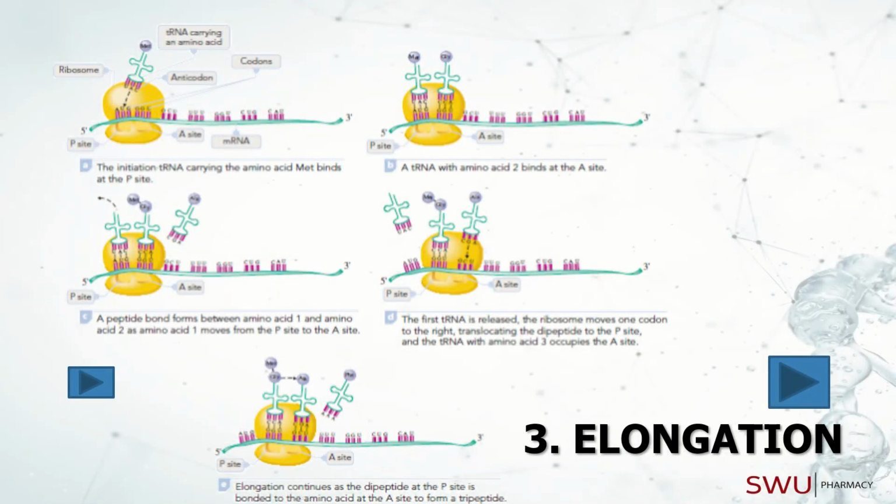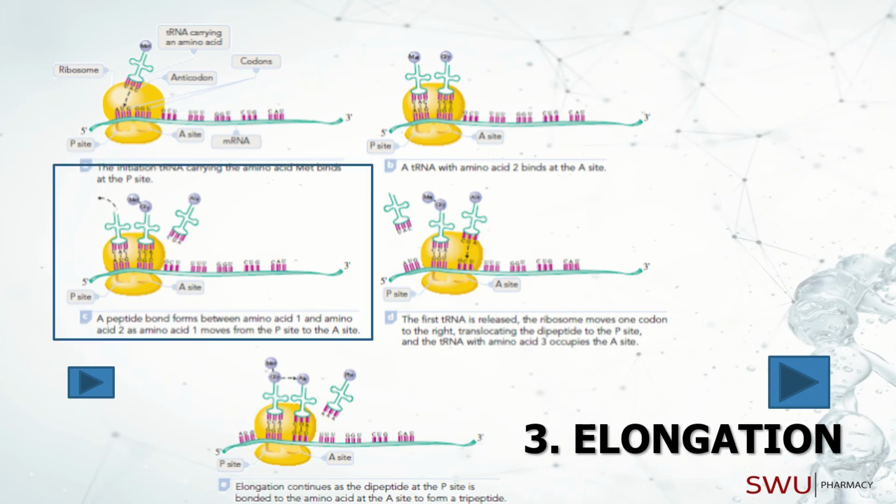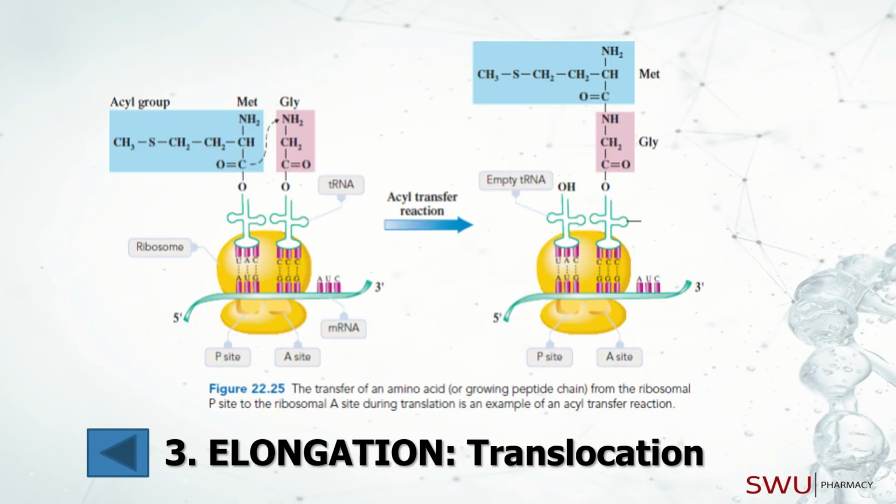The tRNA that corresponds to the next codon after the start codon will enter the ribosome. This will carry with it an amino acid which becomes covalently bound to the methionine of the initiator tRNA. The first tRNA detaches and leaves the ribosome, which has shifted over, making room for the next tRNA.